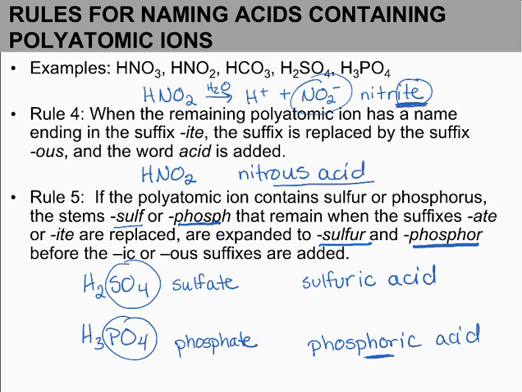So phos becomes phosphor. All right. So naming acids can be a little bit tricky, but as long as you know the difference between a binary acid and an oxyacid, and as long as you know the names of the polyatomic ions, you'll be good to go.